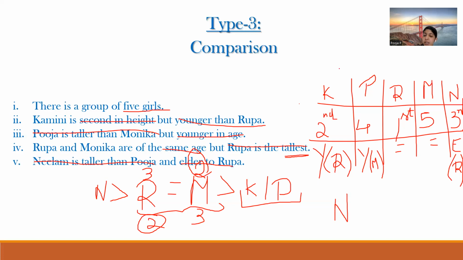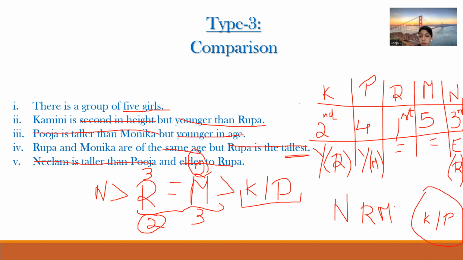And everybody else, that is Kamini and Pooja, are younger than Rupa or Monica. It doesn't matter, they come last, that is fourth or fifth position. We do not know. So that is K or P. So whom are you left with in between? Rupa and Monica. So there are two ways of looking at it. Either Neelam, Rupa, Monica, Kamini and Pooja, or Neelam, Monica, Rupa, Kamini and Pooja.